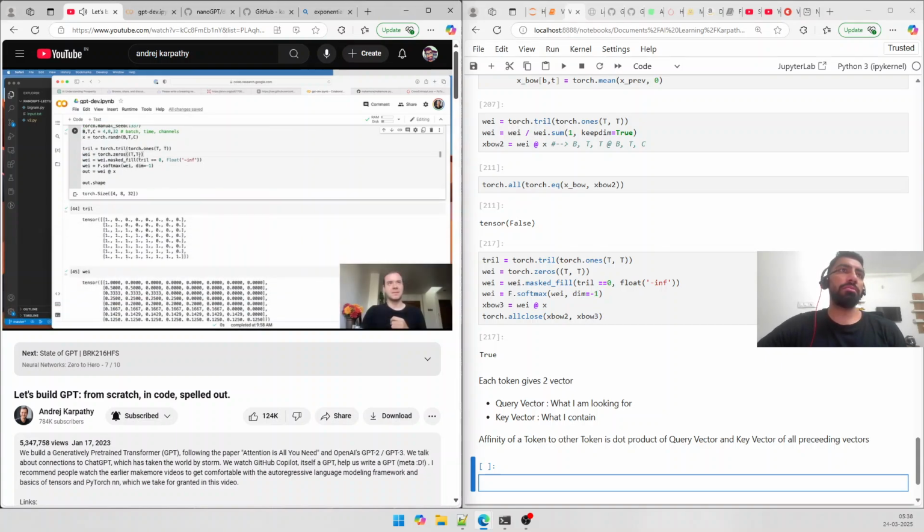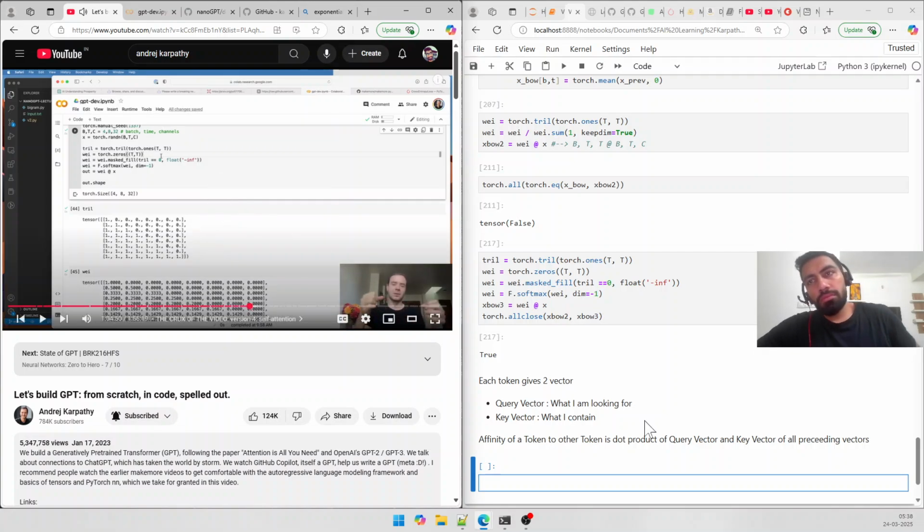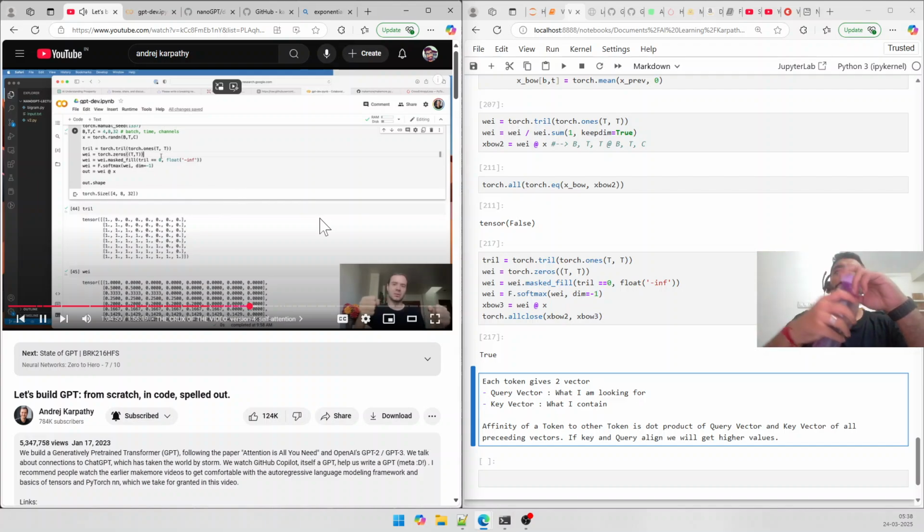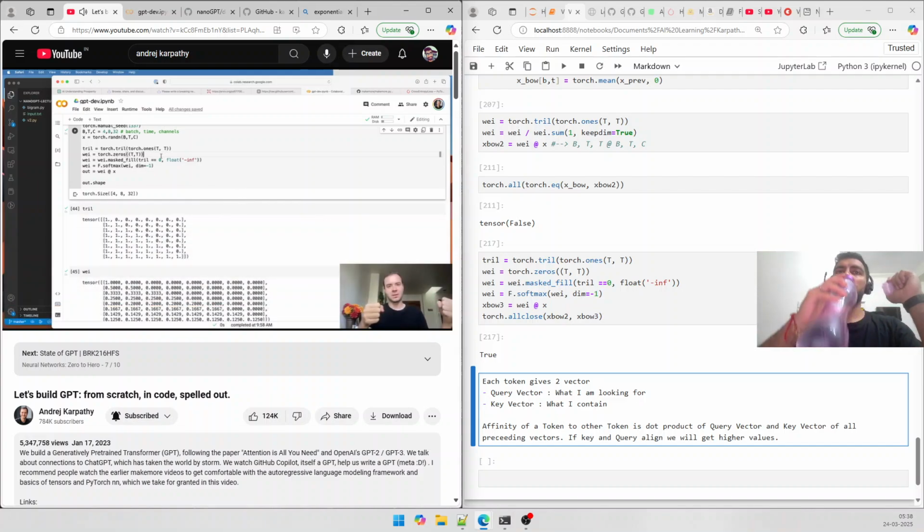And so if the key and the query are sort of aligned, they will interact to a very high amount, and then I will get to learn more about that specific token as opposed to any other token in the sequence.